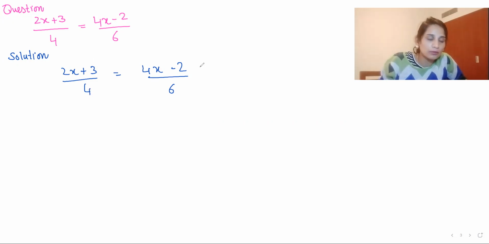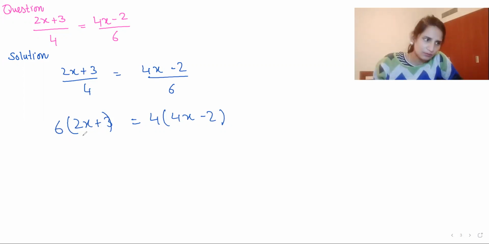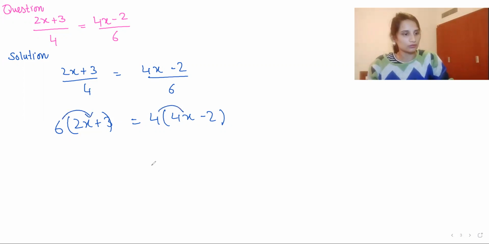So this 4 will be multiplied on this side with 2x plus 3, and this 6, when it goes on the other side, will also be multiplied with the full factor. So now multiply this 6 in the bracket and this 4 in the bracket and solve the question.